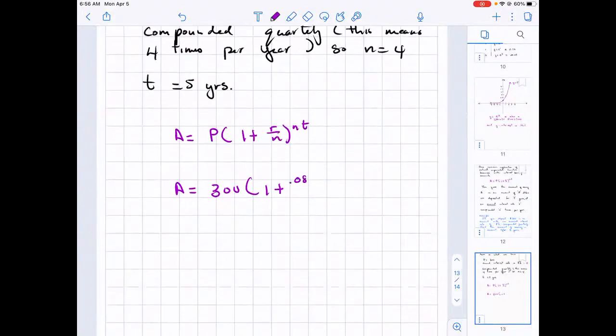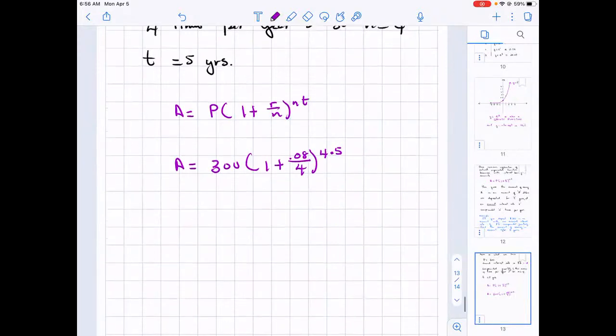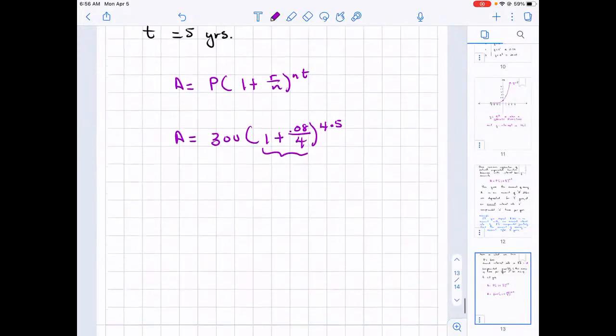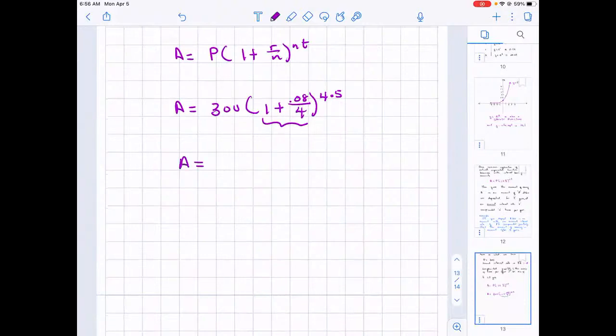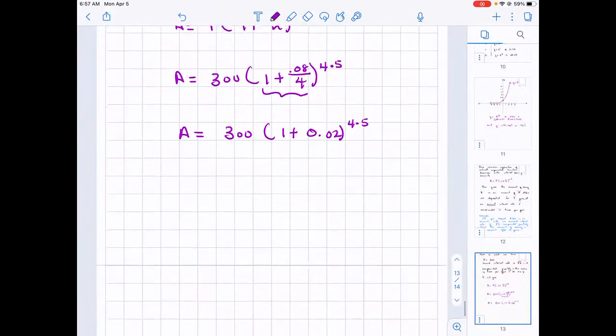So 0.08 over n, which is 4, and then nt, which is 4 times 5. So first thing we do is work on the inside of the parentheses. So A is equal to 300, 1 plus 0.02 raised to the 4 times 5 power. Right? 0.08 divided by 4 is 0.02.